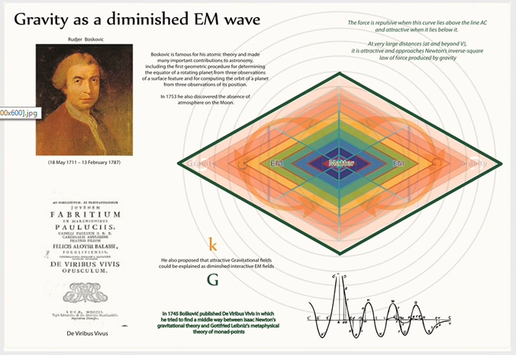Roger Boscovich looked at Newton's work, looked at Coulomb's work, and proposed that maybe it's just a diminishing EM wave that creates gravity. Of course, noted is the fact that Newton, although he mathematically described gravity or gravitation between two bodies perfectly, or within his scope of measurement, was unable to explain what caused gravity between the two bodies.